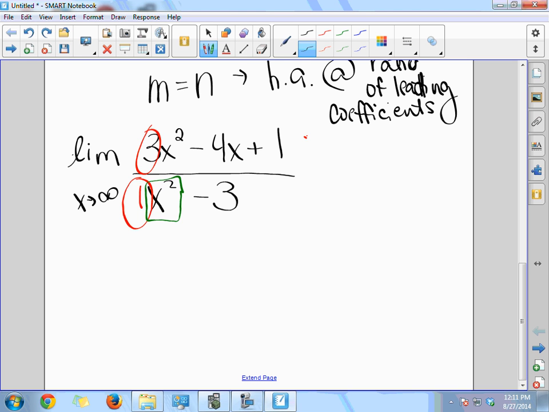In this case, my degree is 2, so I'm going to divide the top and the bottom by x raised to that power.